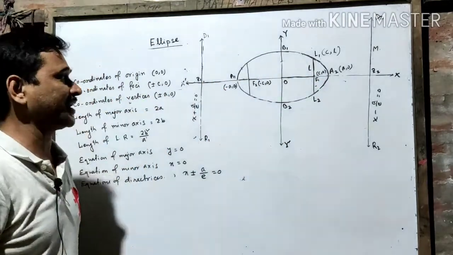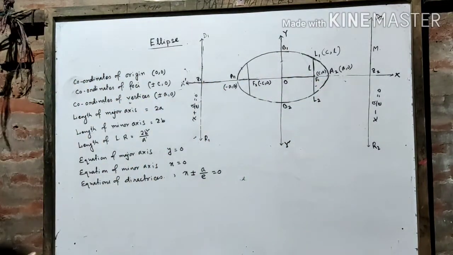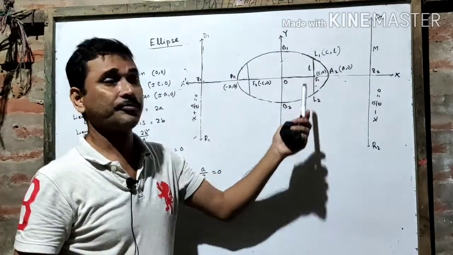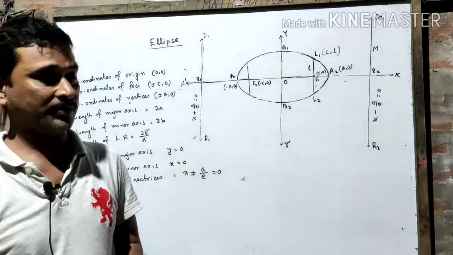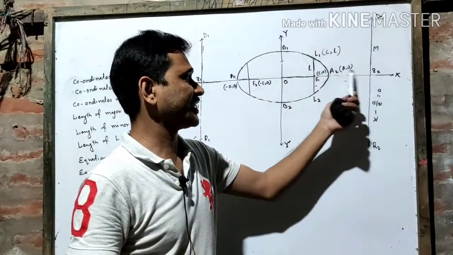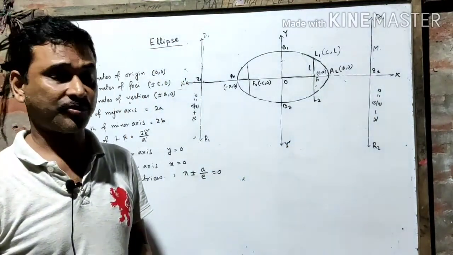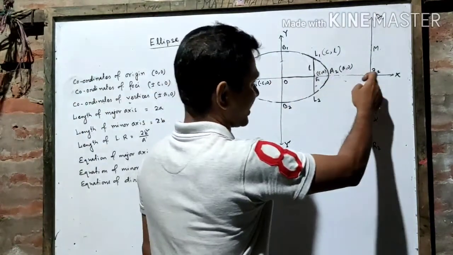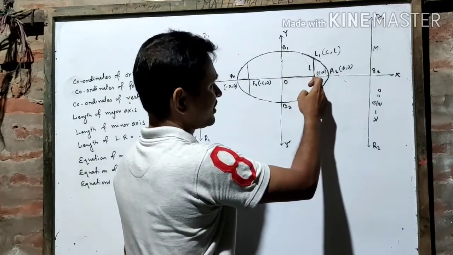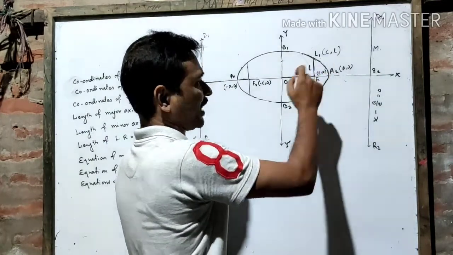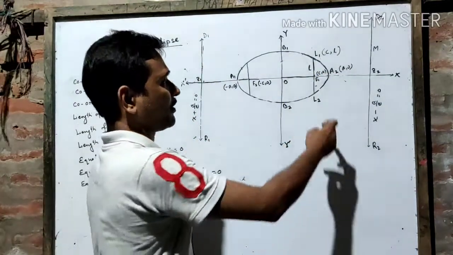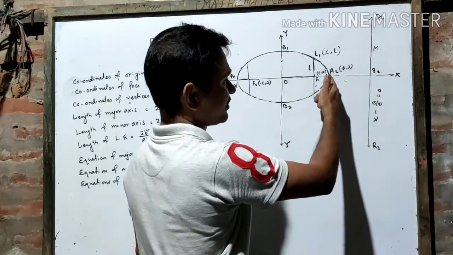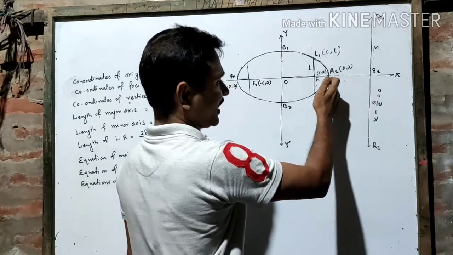Remember these things. And what is c? The distance of one focus from the origin. What is the distance of the directrix from the nearest focus? This length is a by e and this length is c, so a by e minus c. The distance of a vertex from the nearest directrix is a by e minus a.